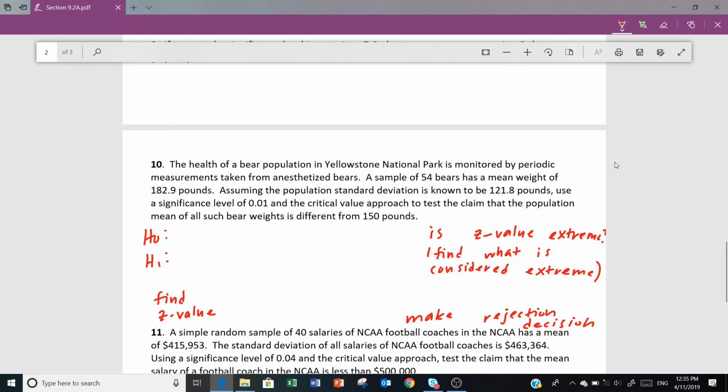We have a sample situation. That's correct. You still have to divide, and don't forget to divide. Wait, so it's.